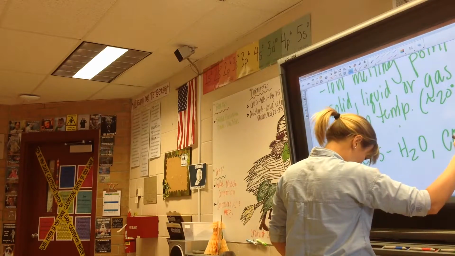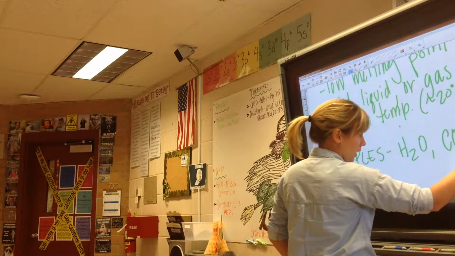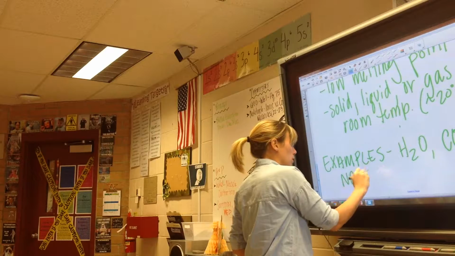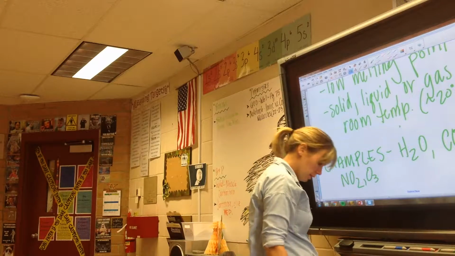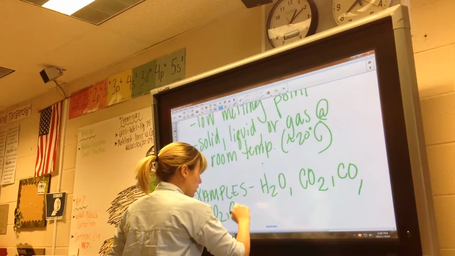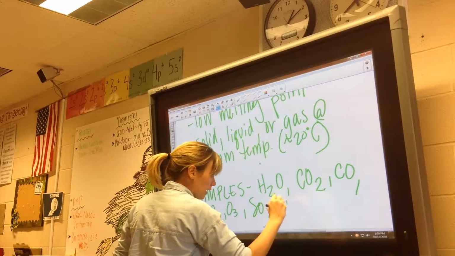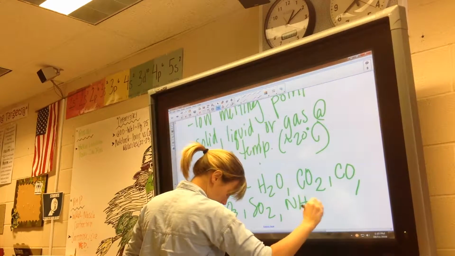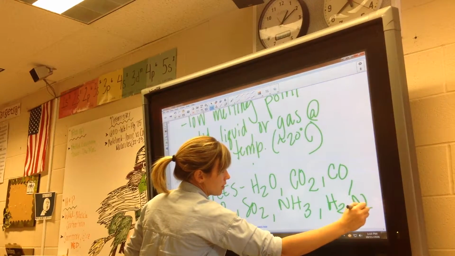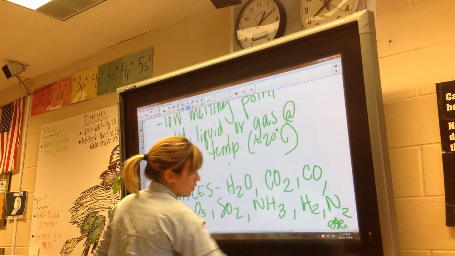Carbon dioxide, carbon monoxide, nitrogen dioxide. Ozone is O3. Sulfur dioxide. NH3 is ammonia. H2 and N2. And there's, like I said, a lot more after that, etc.